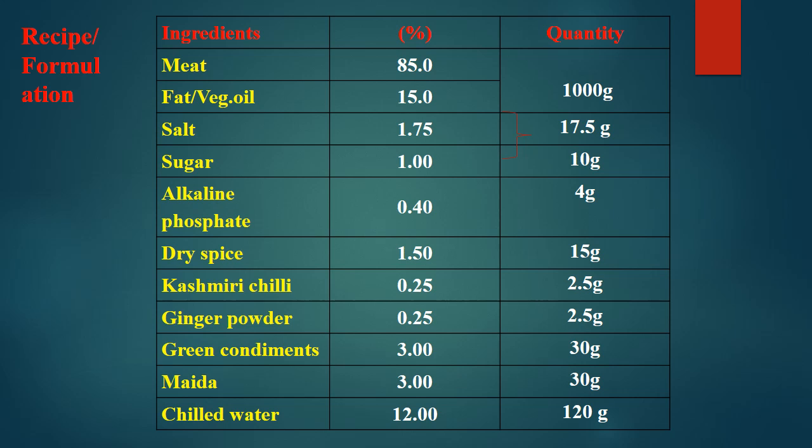And then we can have chili powder 0.25%, that is generally Kashmiri chili powder we prefer, which gives a nice, attractive red color. And then ginger powder 0.25%. Then green condiments, which contain mainly onion and garlic paste 3%, maida as binder, we can take many other things as binder, and chilled water around 12%.